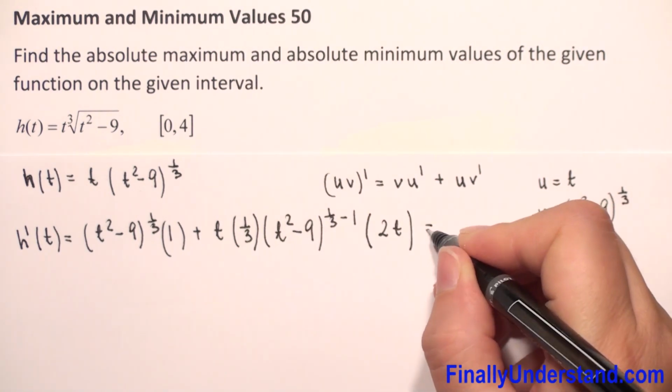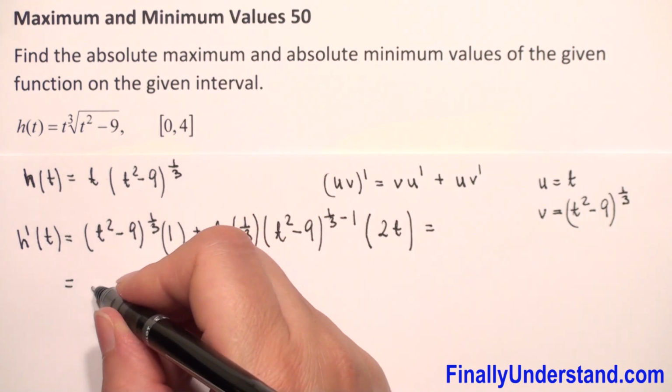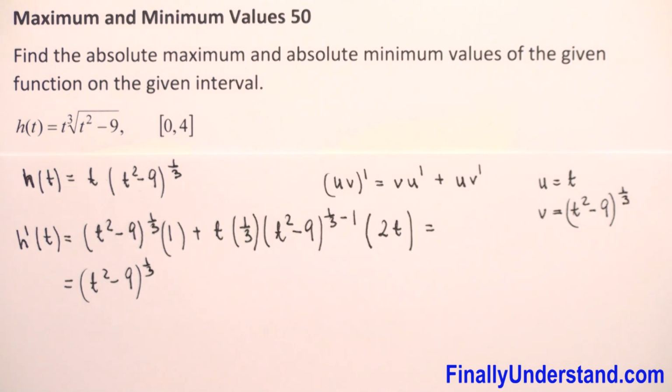So the derivative of t squared is 2t, and minus the derivative of 9 is 0, we don't have to write it. So this is equal to 1 times this whole expression, so we have t squared minus 9 only to the power 1/3.